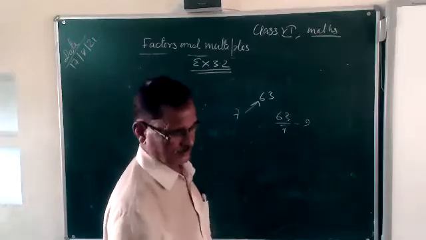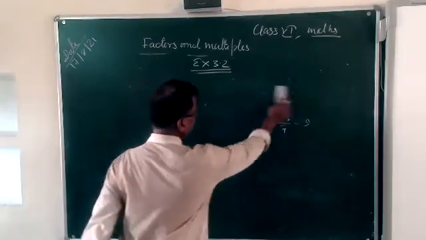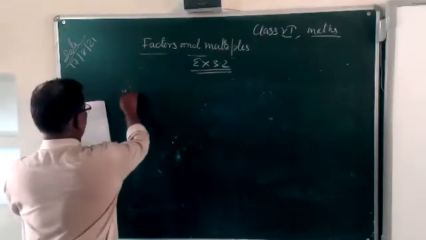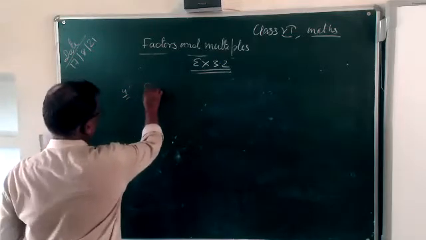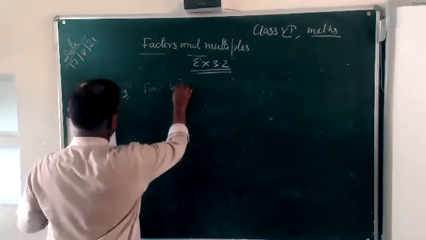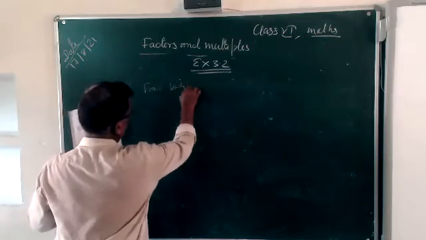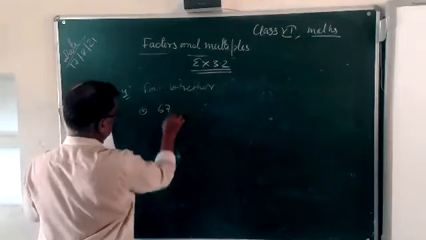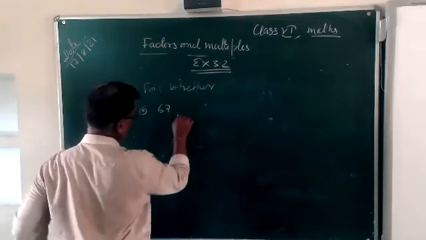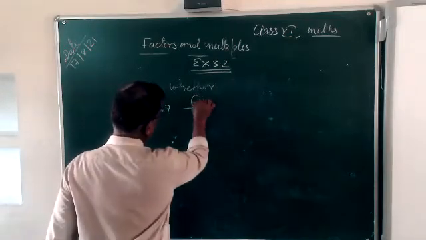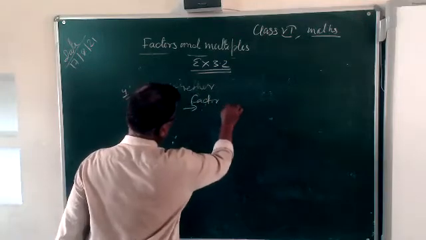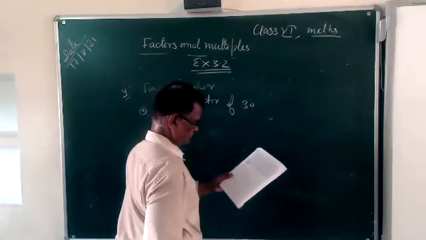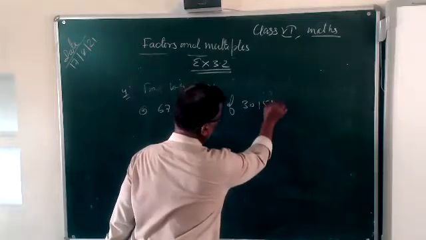So here are the given numbers, question number 4. Find whether, first, 63 is a factor of 30,150 or not.